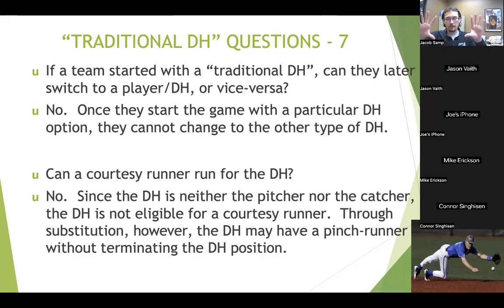The only time that you can courtesy run for a pitcher or a catcher is when the 2 lineups mesh. Because Smith, as the catcher who is being designated hit for, is not an offensive player. Therefore, he's not eligible to be courtesy run for. So you cannot courtesy run for the designated hitter.